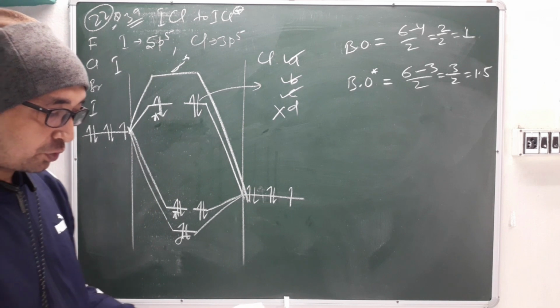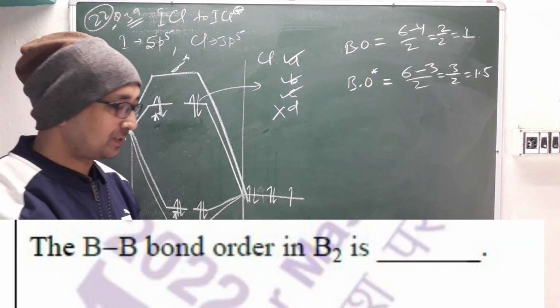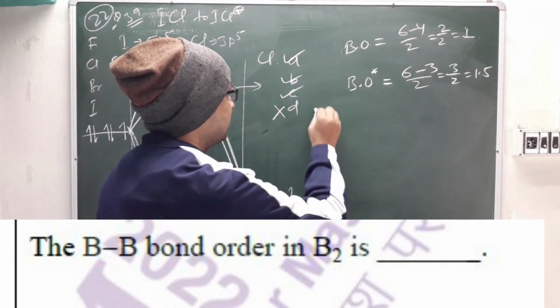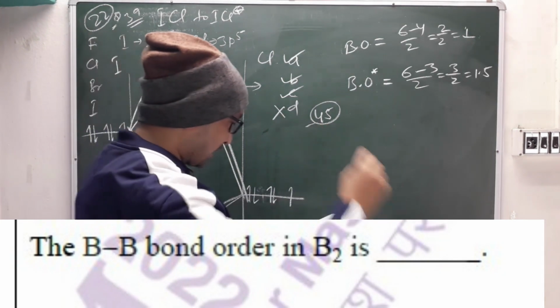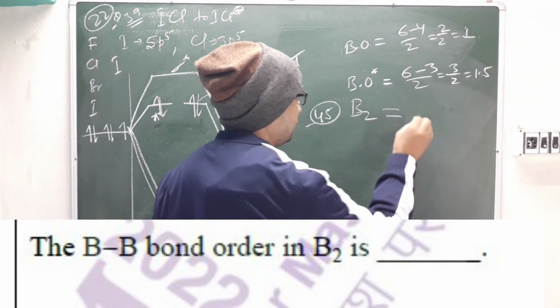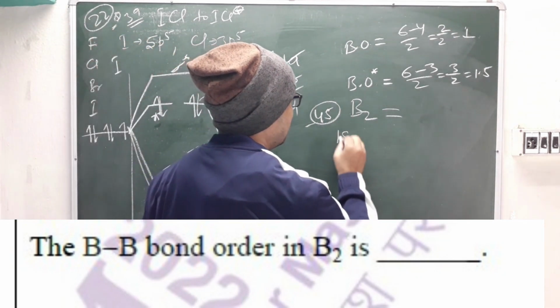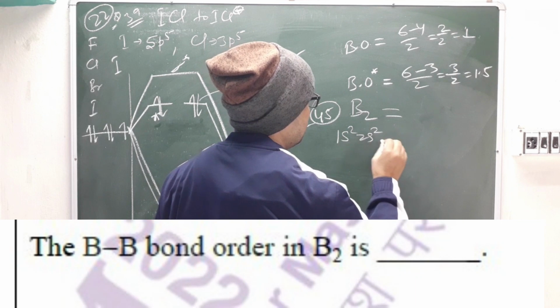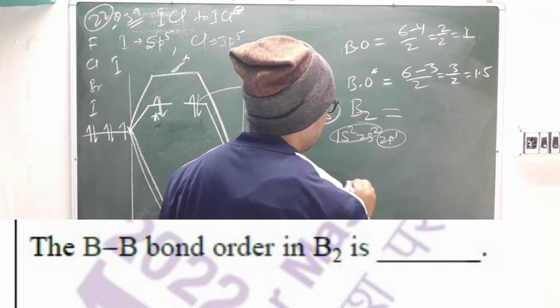Okay, so next question we will take. It's very simple; here only we can write it. Question number 45, NAT type. The previous one was MSQ, this is NAT. They are asking for the bond order of B2. I'm not going to solve it, you just solve it for boron. You know that boron is 1s2, 2s2, 2p1. So you leave this, and this 2p1 you just draw.